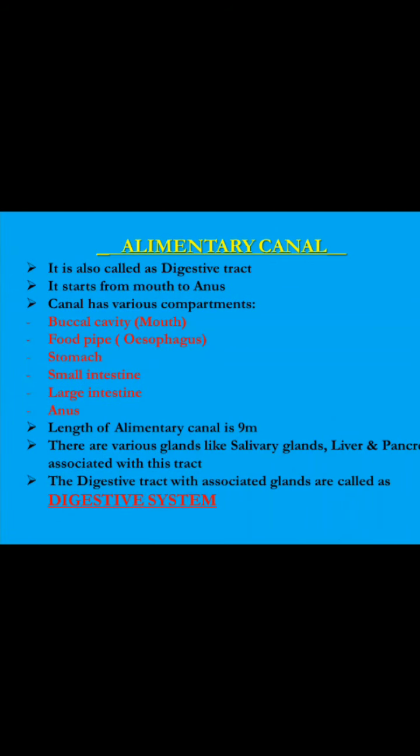This digestive tract is also called the alimentary canal. This alimentary canal starts from the mouth and ends at the anus. And various digestive glands like liver, pancreas, and salivary glands secrete digestive juices that help in the conversion of complex food into the simpler form.